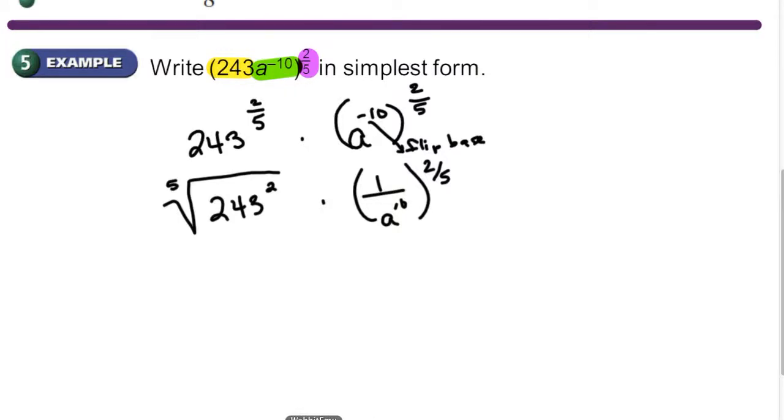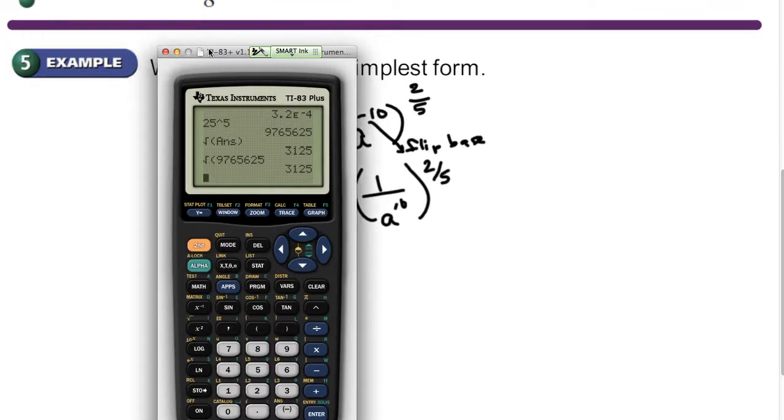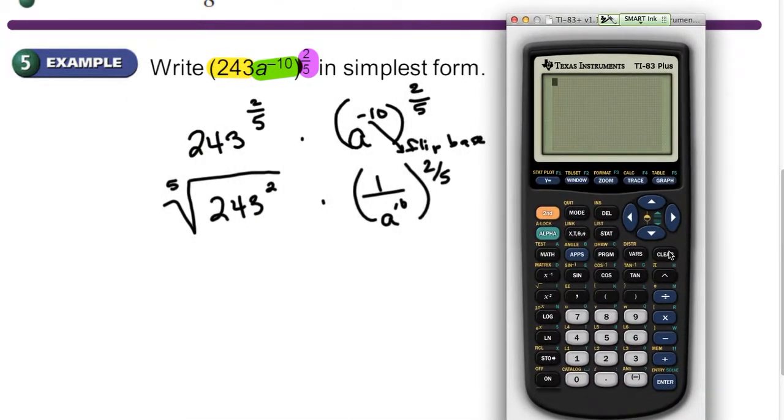Pulling up the calculator, clearing this, we have math function. We're going to go down here to number 5. Oops, I don't want that. If it's anything over the third root, since this is the fifth root, we're going to put 5 first, then go to math, then press 4.